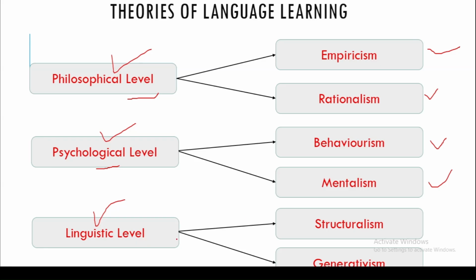And at last, linguistic theory has structuralism and generativism. So the theory of language learning can be categorized on these three bases: philosophical, psychological, and linguistic level, and each level has two language learning theories. Now in this video we will discuss empiricism in detail.